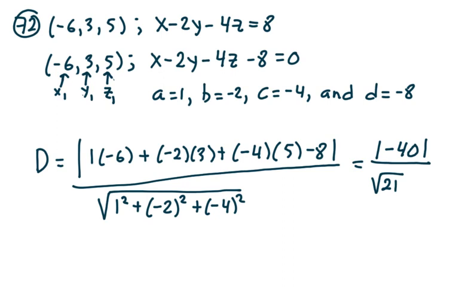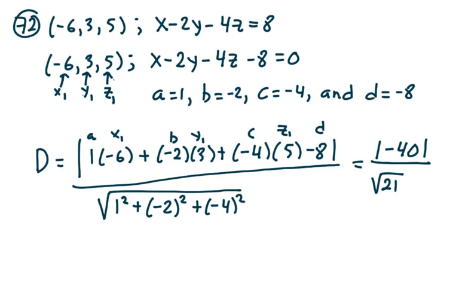You notice a is 1, x1 is -6, b is -2, y1 is 3, c is -4, z1 is 5, and then we have our trusty small d at the end. And we're dividing by the square root of a squared plus b squared plus c squared, but I substituted the values for a, b, and c inside the radical.